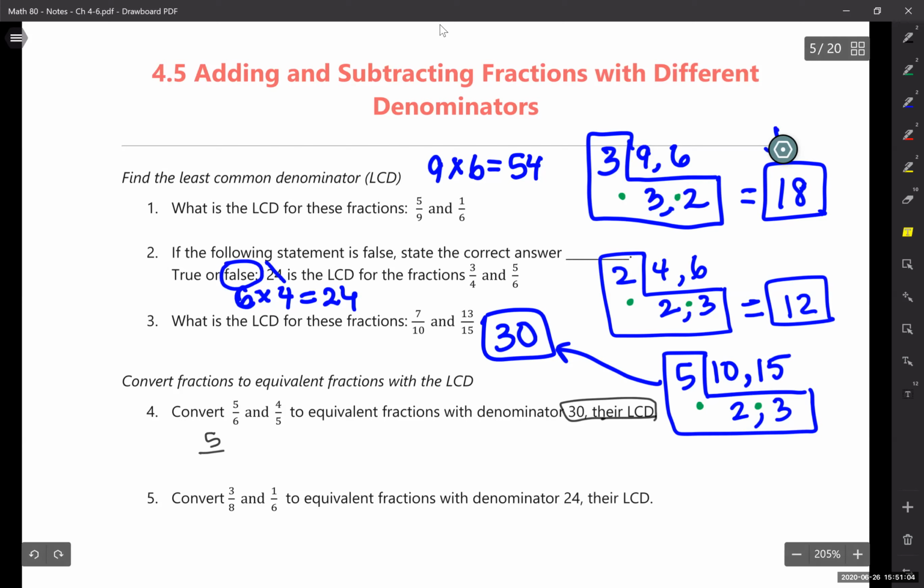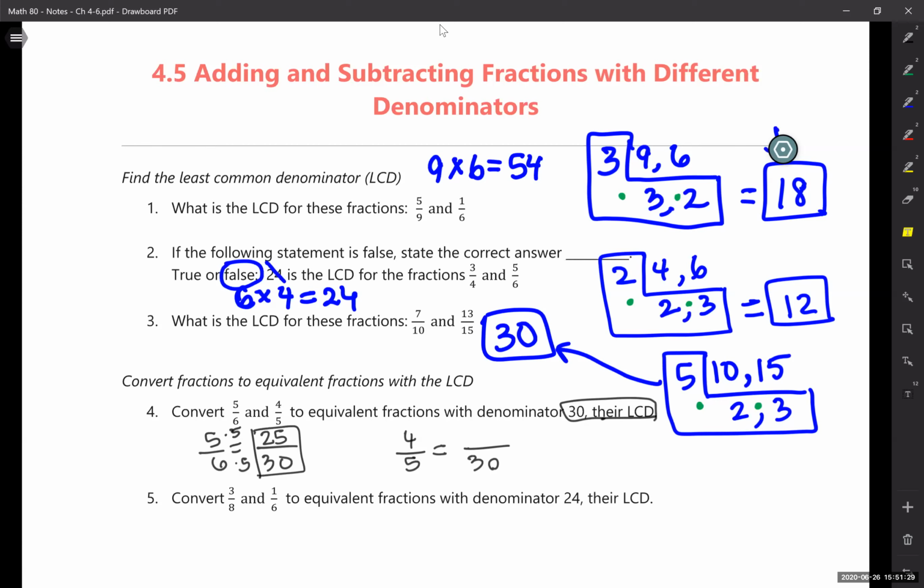I have 5/6 that I want to make over 30, and I have 4/5 that I want to make over 30. So I'm just looking for that missing numerator. And so on the first fraction, since 6 times 5 is 30, we're going to multiply the numerator by 5 as well and get 25. So that would be our first answer.